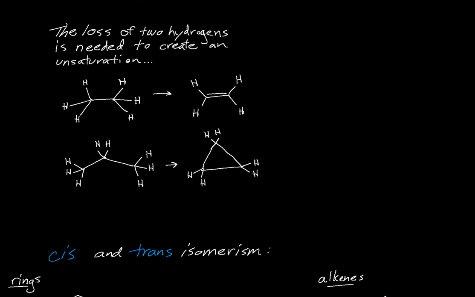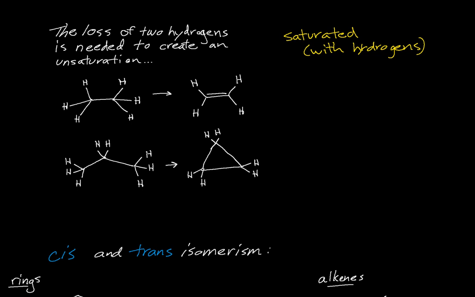More about unsaturations. When we're talking about a saturated molecule, it means that it is saturated with hydrogens, meaning it has the most hydrogens it can bear. So if we have a carbon framework and all the bonds are filled out with hydrogens, it's a saturated molecule.